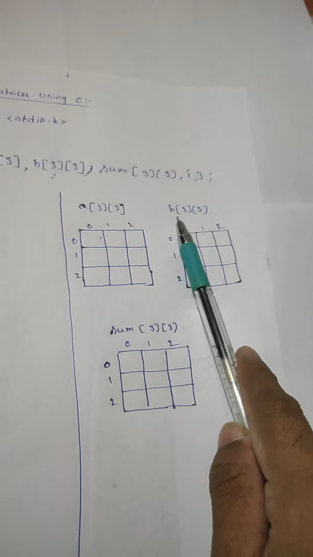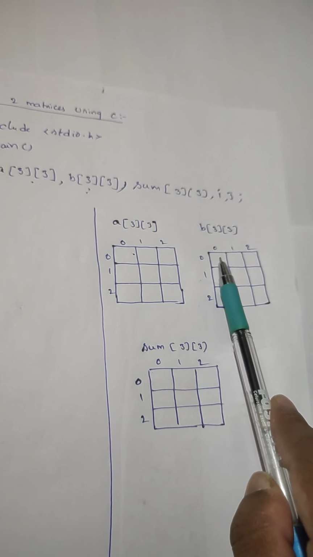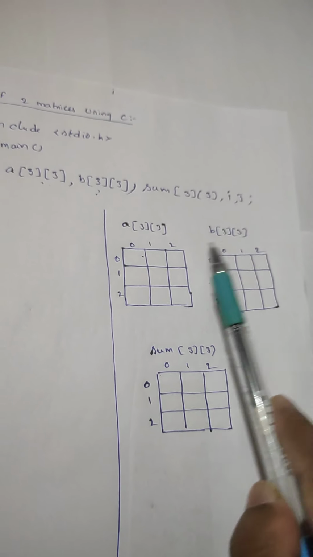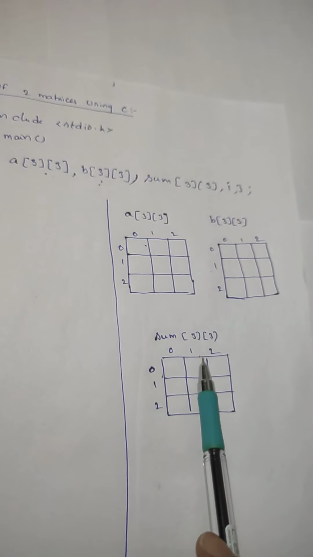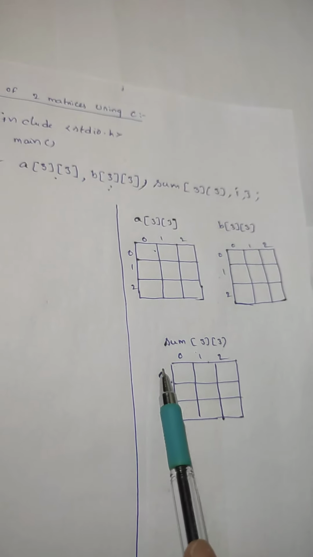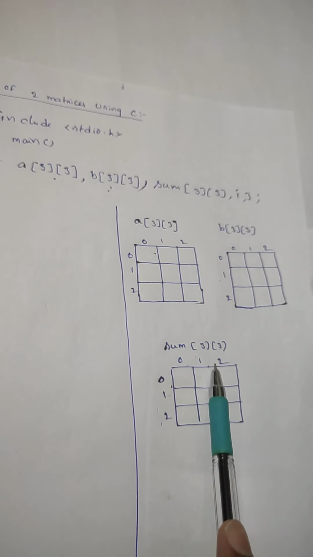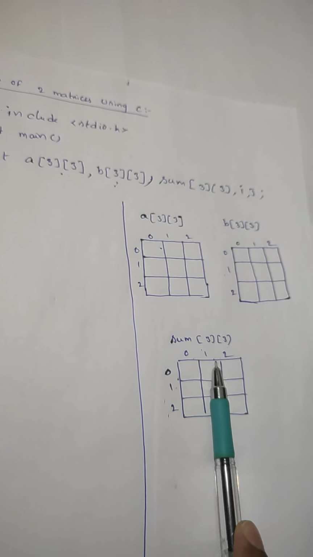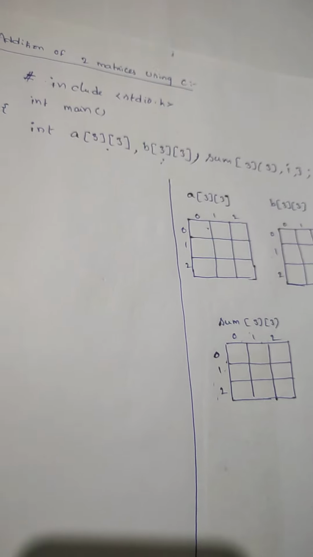These two are for inputs, and sum[3][3] is for the resultant matrix, also 3 by 3. Every array index starts with 0, so that is very very important.